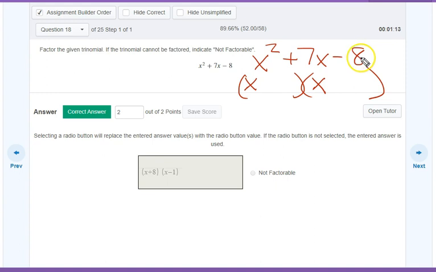Now we're looking for factors of 8 that have a difference of 7. Well, that's going to be an 8 and a 1. And our middle term is positive, so the outers have to be a positive. Your inners a negative, and there is the factorization. Now you could have done it the other way too. That would work either way.